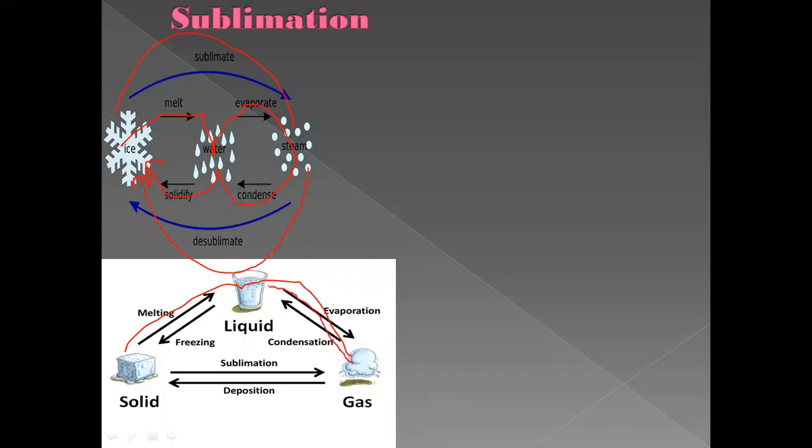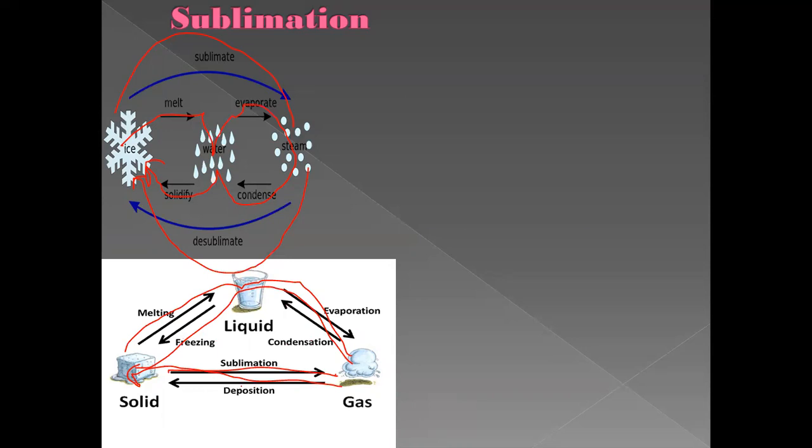And on cooling, it becomes water again, and then freezing, it forms into solid. Cooling of the water vapors is called condensation, and freezing is when the liquid changes into solid form. But sublimation is when a solid directly changes into gas form, and gas directly changes into solid form on deposition, like on cooling, and that is called desublimation as well.